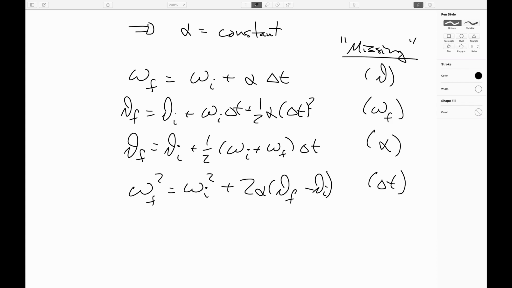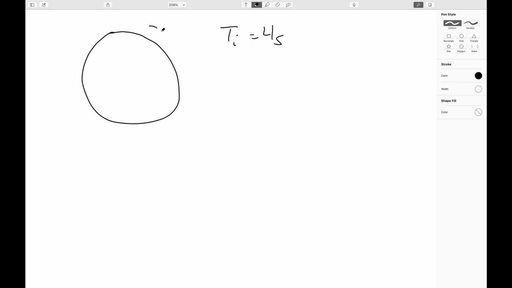So let's think about, as an example here, let's say you have a merry-go-round. Let's say initially it has a period of rotation of 4 seconds. We'll say it's rotating counterclockwise, and we'll say that it comes to a stop after 20 seconds have elapsed.